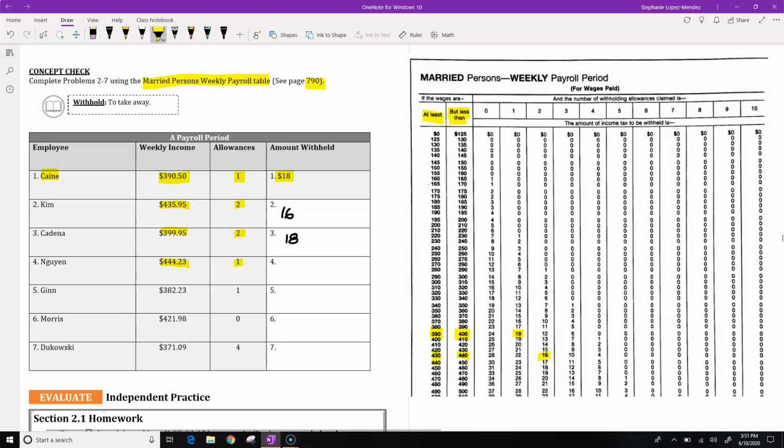It has to be at least 440, but less than 450. So 444 is about in the middle of both numbers. Juan only has one allowance, so it can't be 0, but it is 23. So my answer here is 23.